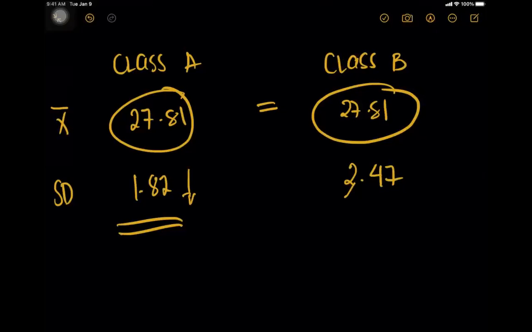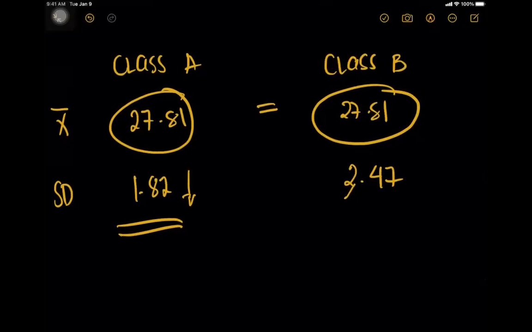So therefore, we can probably conclude that class A performs better than class B because the scores are closer to the mean compared to the scores of class B. It might be that in class B there are really very good performing students who got really high scores, but then they pull the other students with low scores. That's why they achieve that kind of mean. I think that quite makes sense, and I hope you have understood that.